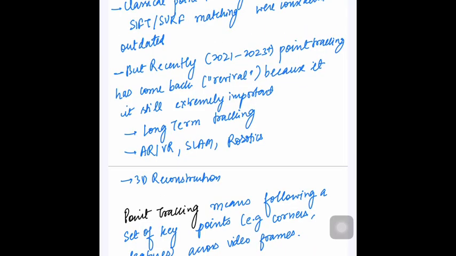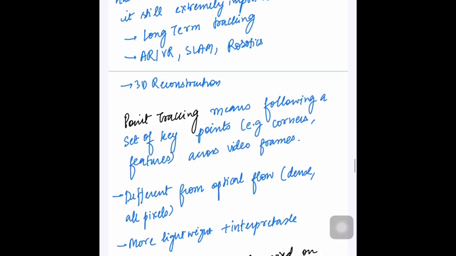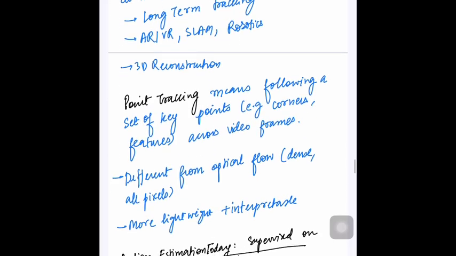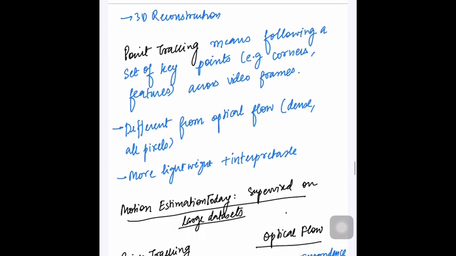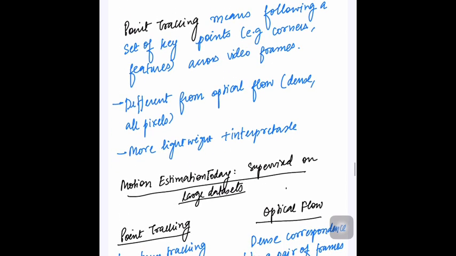As I've already explained, it takes some points, for example corner features, across video frames, and then you track where they go. But in optical flow, you take a dense set of all pixels and then track them. Among current point tracking techniques we have TAPNet, and in optical flow we have RAFT.